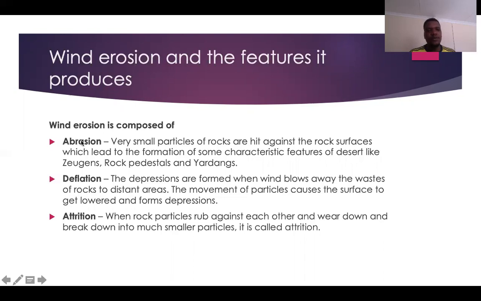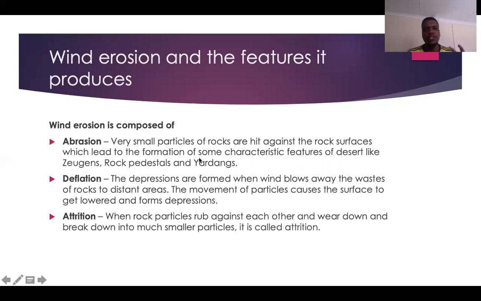So for the erosion, now we have abrasion, it's the first one. And if you remember very well, in river processes, abrasion was basically when the particles that are being carried by the river hit the banks or the bed of the river. Okay, but abrasion in this sense, now we are talking about particles that are being carried by the wind. So very small particles of rocks are hit against the rock surfaces, which lead to the formation of some characteristic features of deserts like zeugens, rock pedestals, and the others.